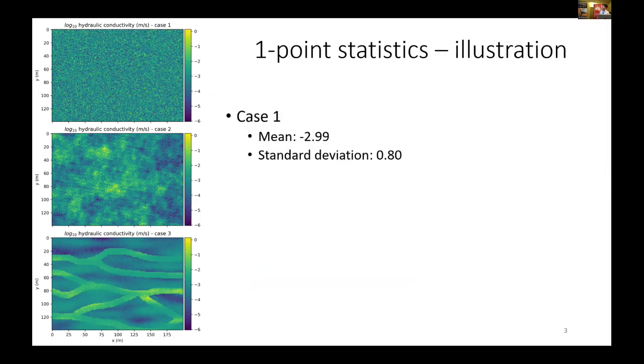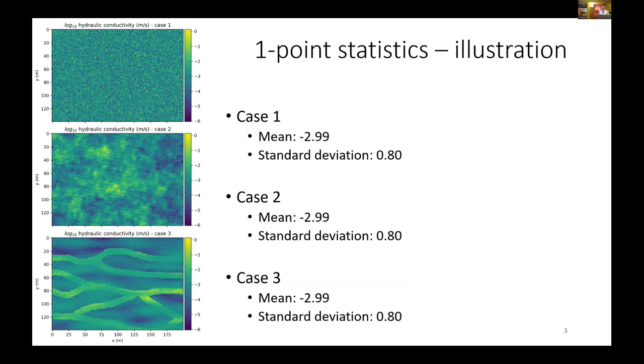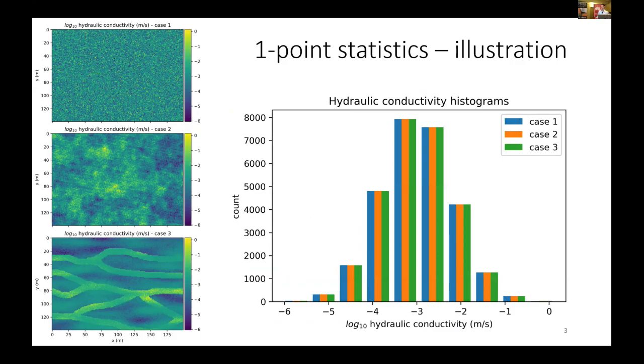So what happens if we compute the mean and the standard deviation of the hydraulic conductivity? For the first case, you've got these values. For the second case, you've got the same values. And for the third case, you've got the same values. And if we look at the histogram, for all three cases, we've got similar histograms.